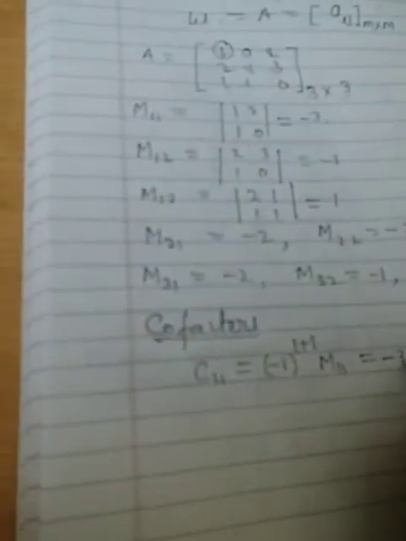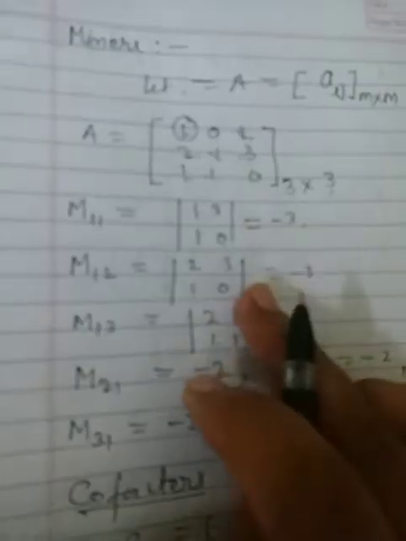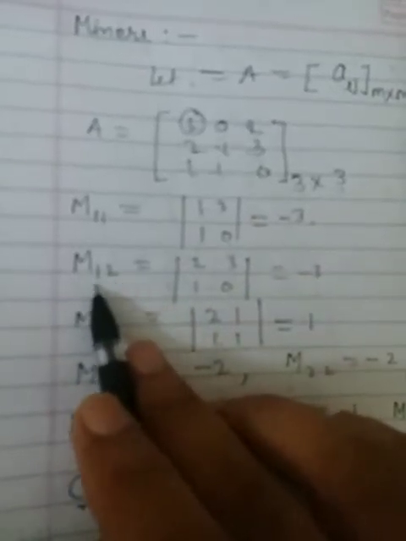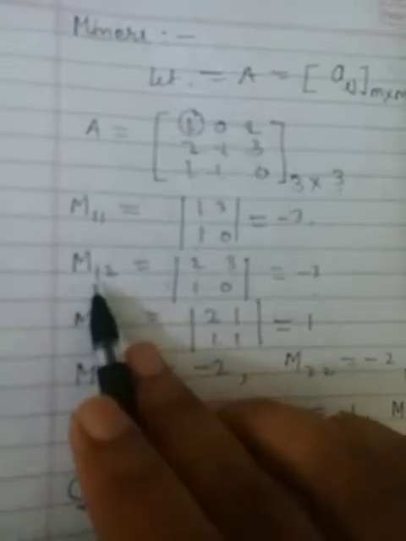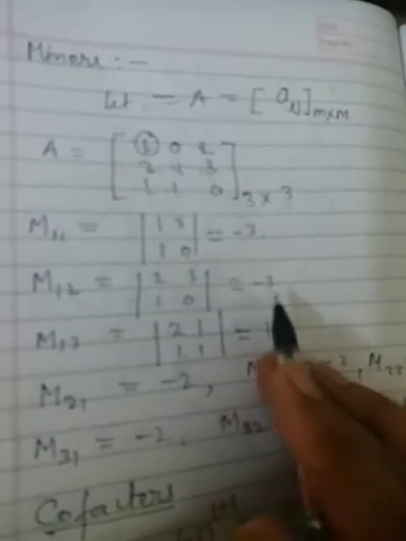So plus 1 into M11 is simply M11, and that is minus 3. While writing cofactors, once you have written your minors, you have to put a minus sign if the sum i plus j is odd, and if the sum i plus j is even, then the cofactor has the same value as the minor.